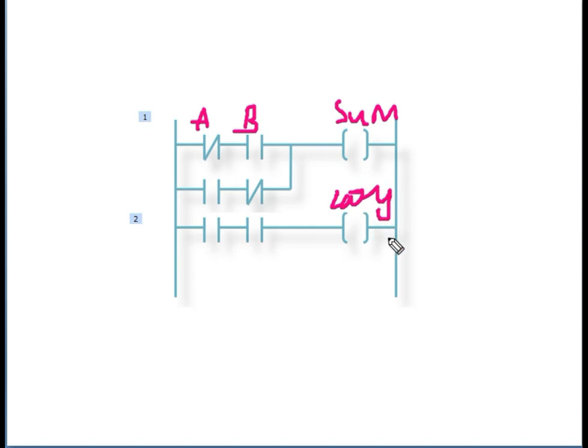Let's take two inputs as A and B. You are giving 0 0, means A is 0, B is 0. Your sum is 0 and carry is also 0.